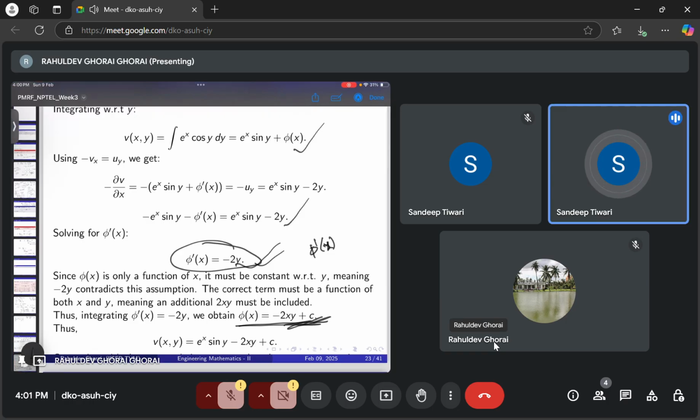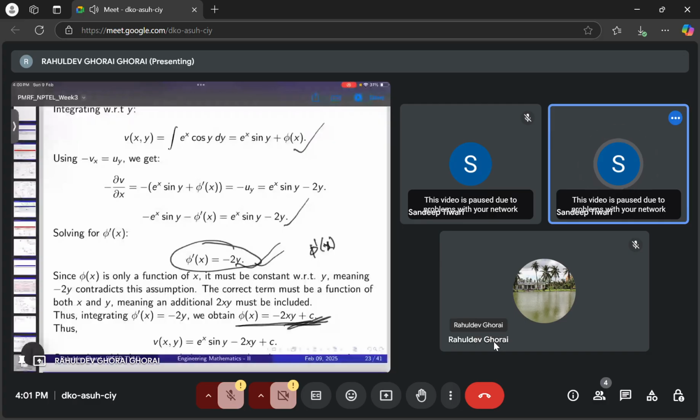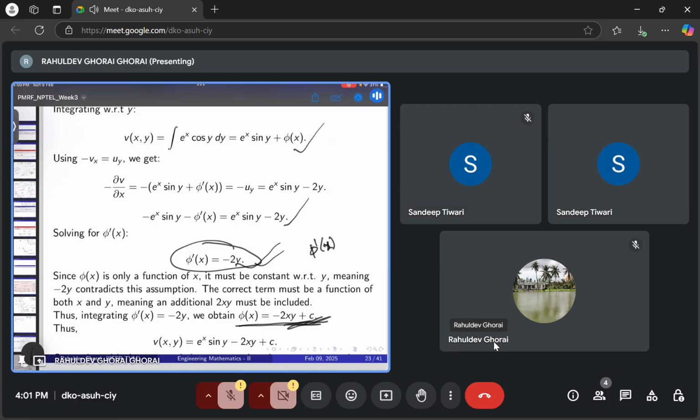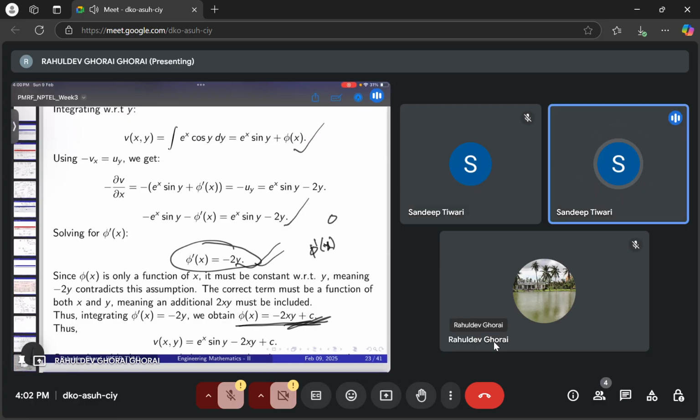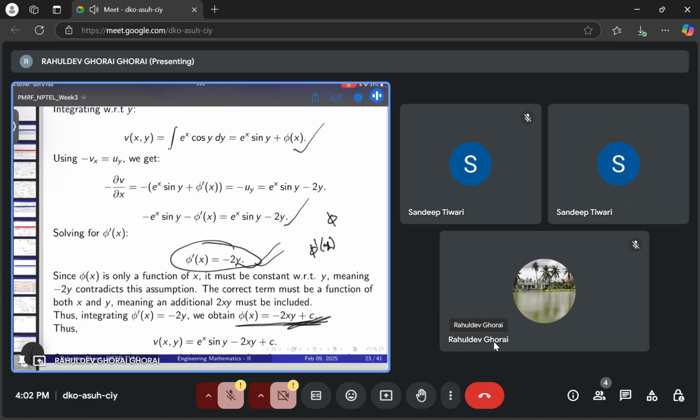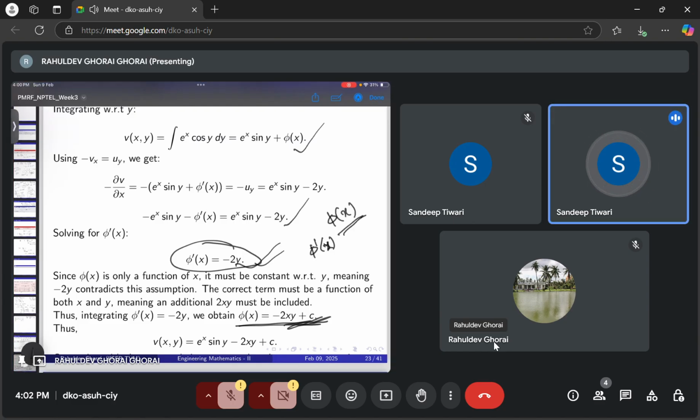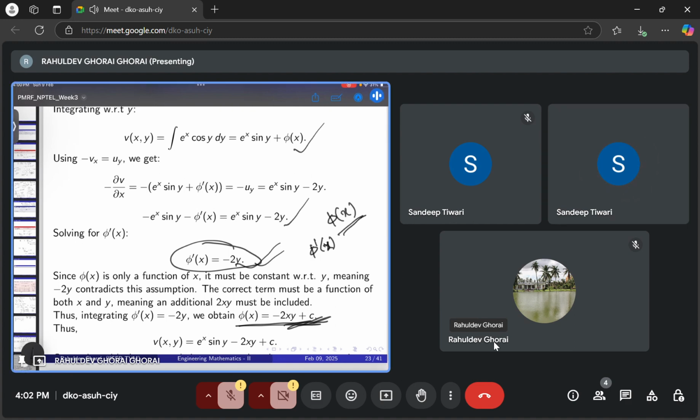How can it take y as constant? I am assuming phi is a function which depends only on x. Exactly, so that's why I am telling it is not the correct way.